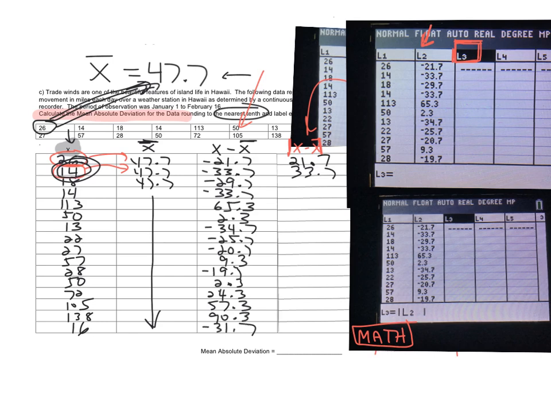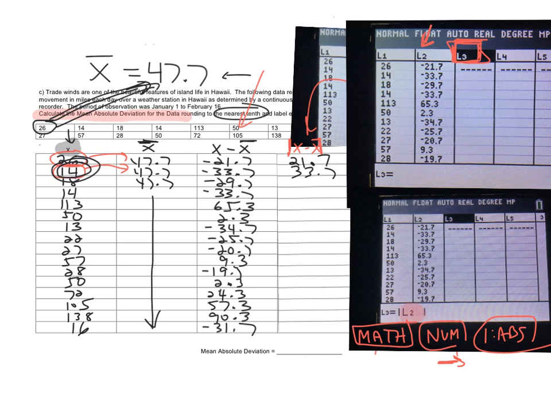Move the cursor to the right over to number. And then option 1, ABS, is absolute value. So while the cursor is on top of list 3, press the math button, press to the right to number, and then choose number 1 for absolute value.